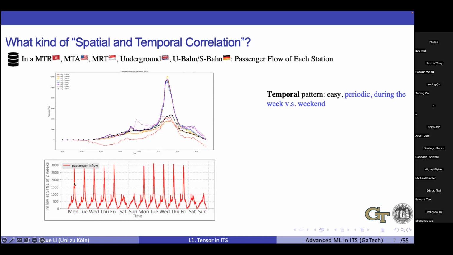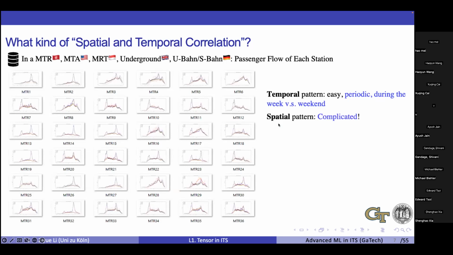And also during the week we have pattern 1, and on the weekends we have another pattern. It makes sense, quite intuitive. So this is the temporal pattern, quite intuitive. And the spatial pattern can be quite complicated. You see, I randomly picked 36 stations here.